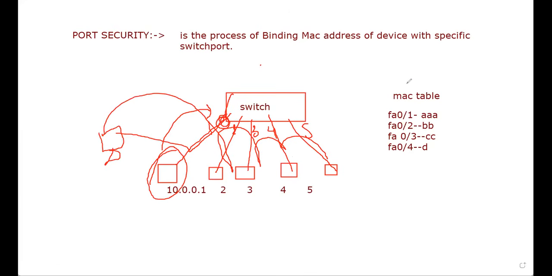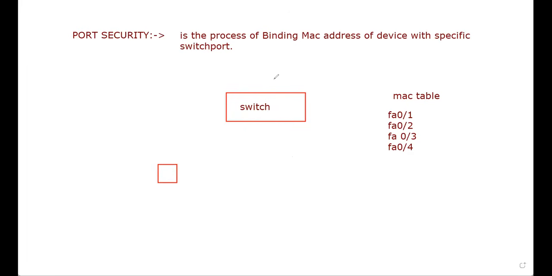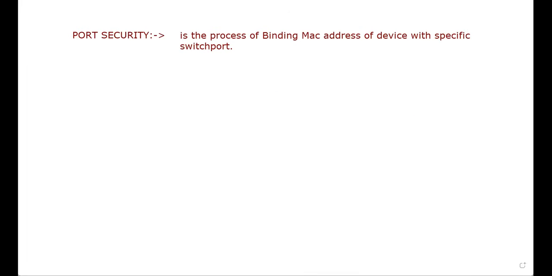We know that dynamically in the MAC table, dynamic MAC addresses are associated with ports, but I want to statically bind the MAC address of this PC. So in the port security process, we have to work with some commands. First of all, we need to check which ports I want to secure, like F0/1, 0/2, 0/3, and how many maximum MAC addresses I want to use.